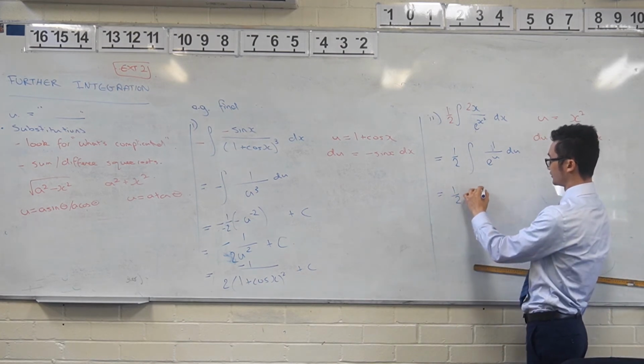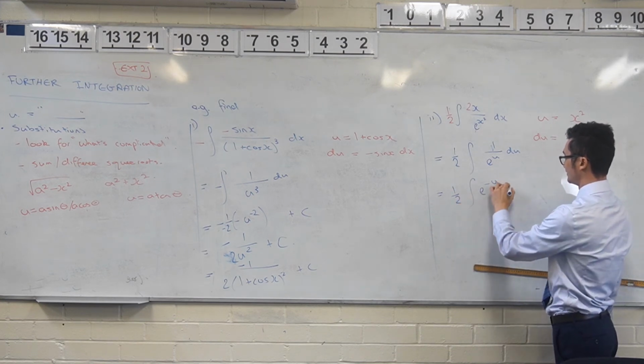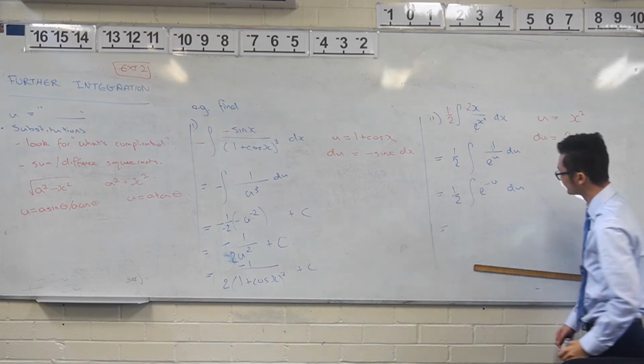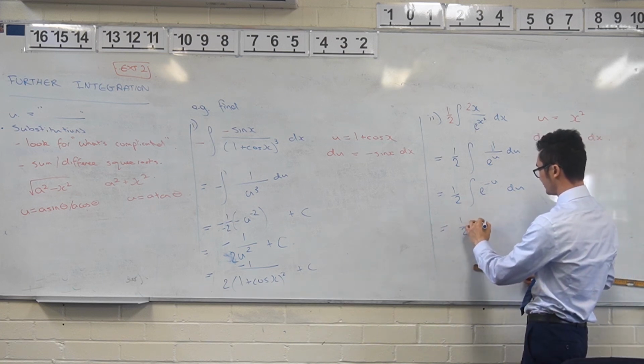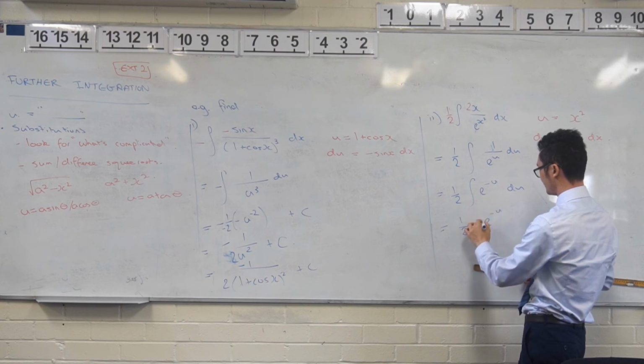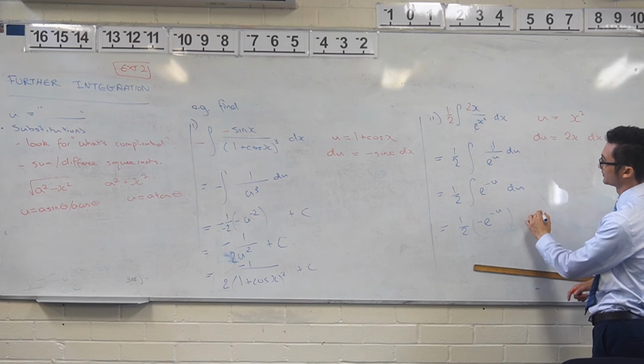And so I'll try not to make mistakes this time with the integration. So I'll rewrite it in index form, and then we'll get negative e to the negative u. How's that look?